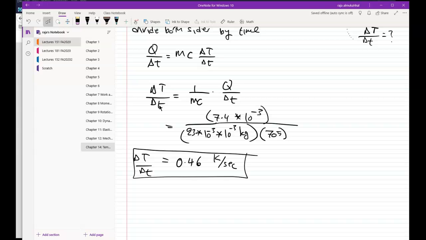Okay, the next topic, section 5, and that is phase changes.